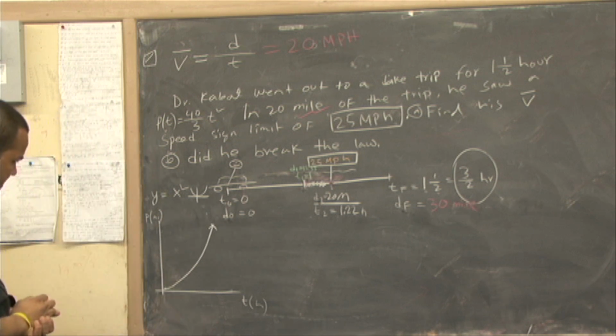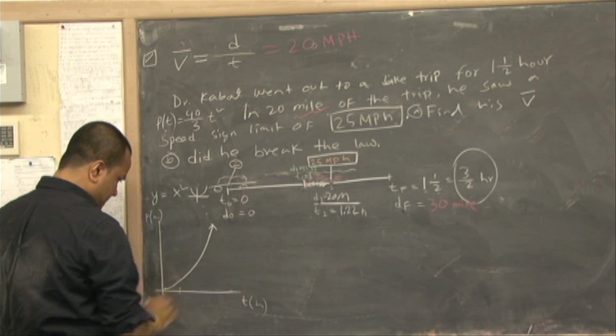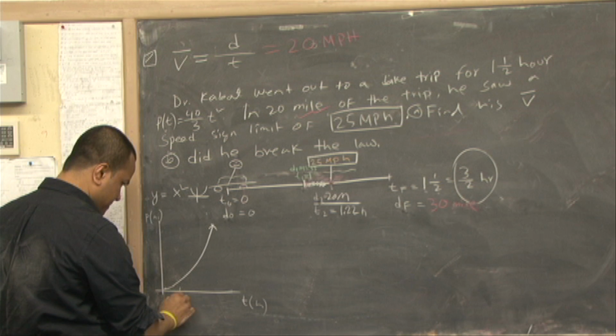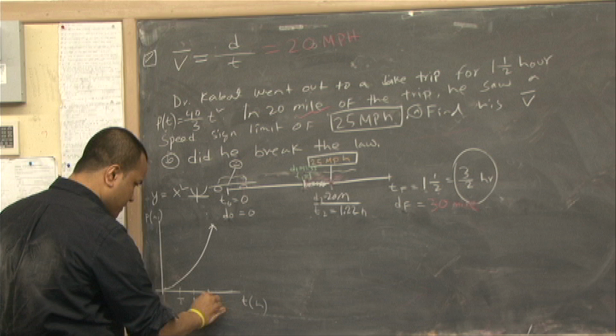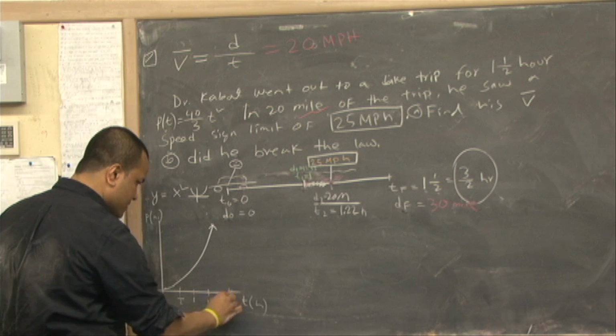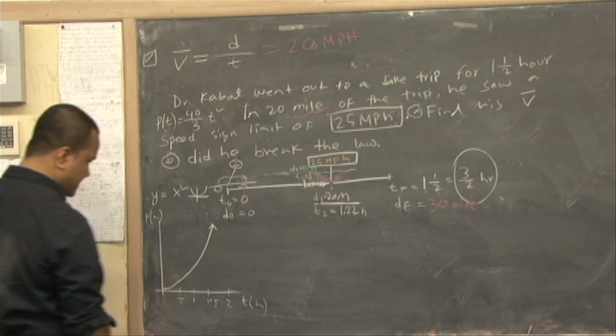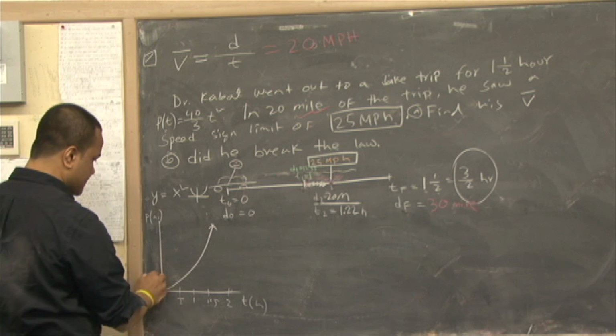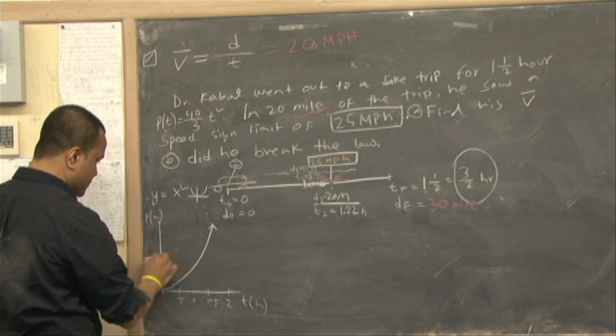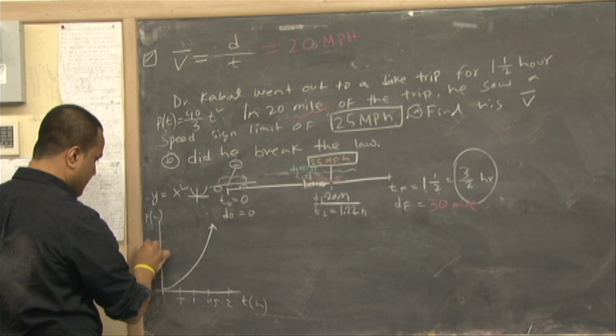This is a half hour, this is an hour, this is 1.5 hours, and this is 2 hours. And this is maybe like how many miles? This is 10 miles, 20 miles, 30 miles, I guess.